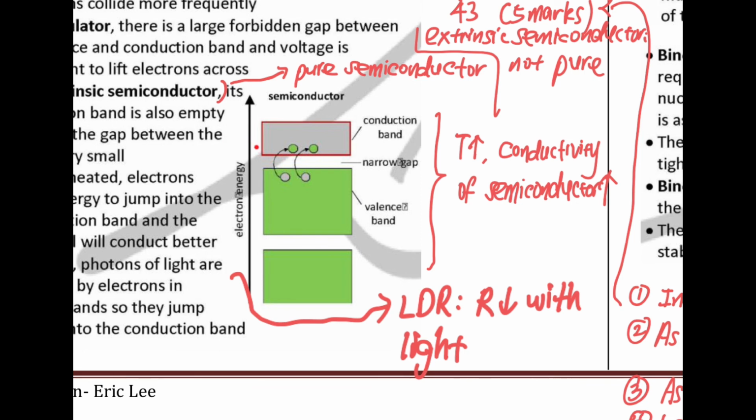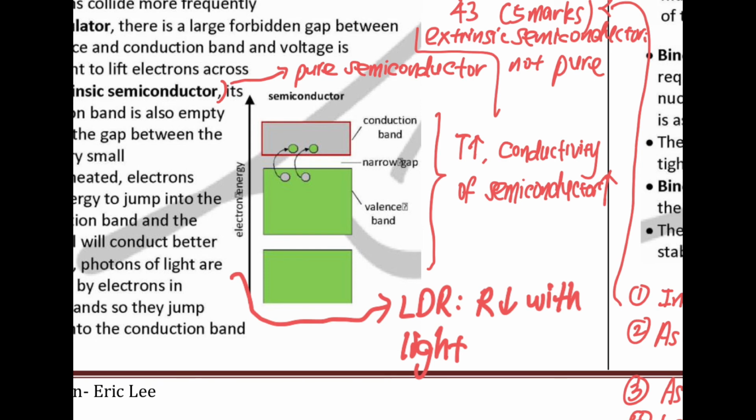So electrons can move and fill up the holes. Okay, so that's why electrons and holes are both known as charge carriers. This one carries negative charge, this one attracts the electrons.